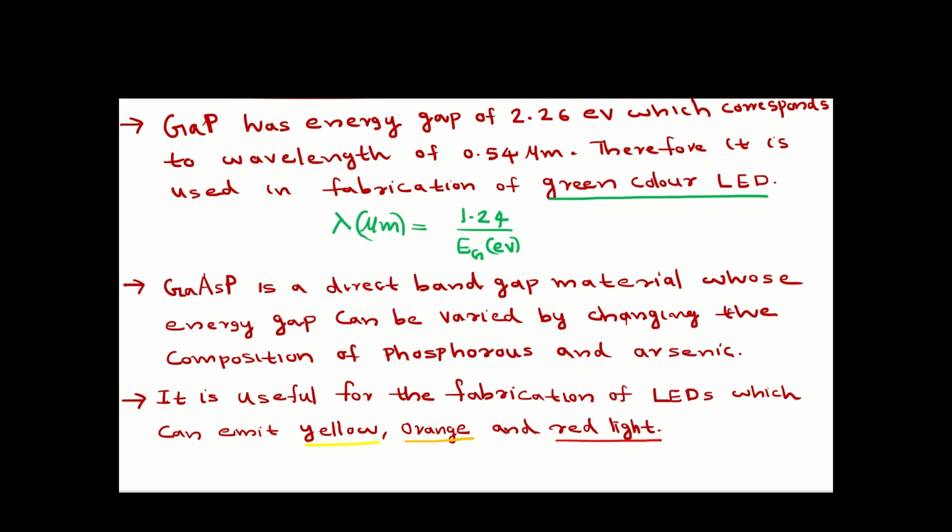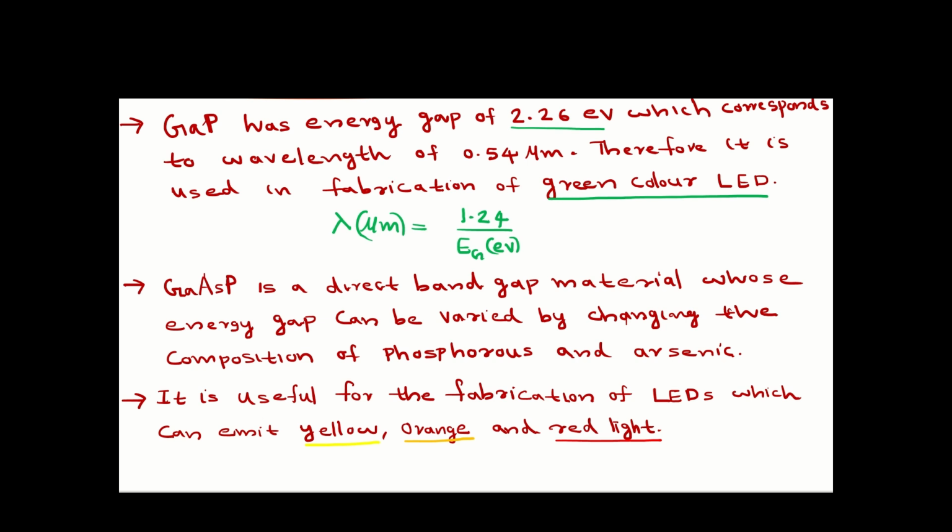So this one is an important question. The gallium phosphide emits green color because its band gap is 2.26 electron volt. Depending on the band gap energy, they emit different light.